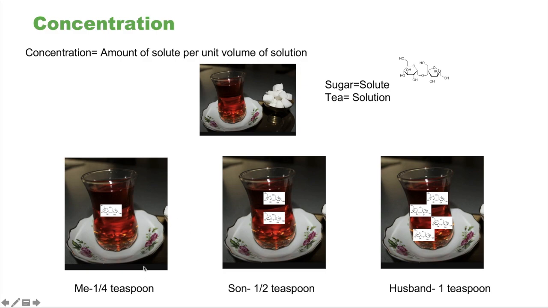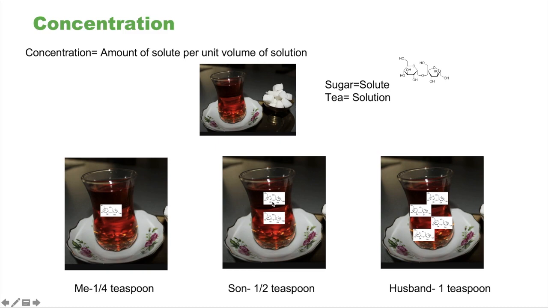So now, I don't like sweet drinks in general. So when I drink tea, I maybe use a 1/4 teaspoon, if at all, of sugar in my tea. My son likes a little bit more sugar, so he puts maybe 1/2 teaspoon. My husband really likes sugar, so he puts 1 teaspoon.